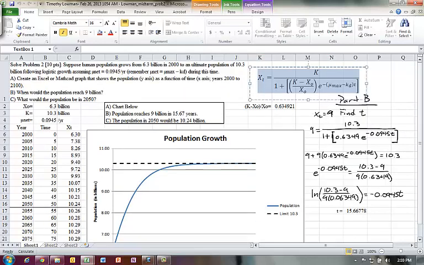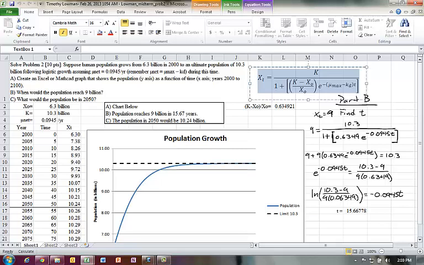Mu net was given, which is mu max minus kd. Put those values in. A number of you solved this by hand at first, or in MathCAD or Excel, and calculated when the population would reach 9 billion, about 15.67 years.